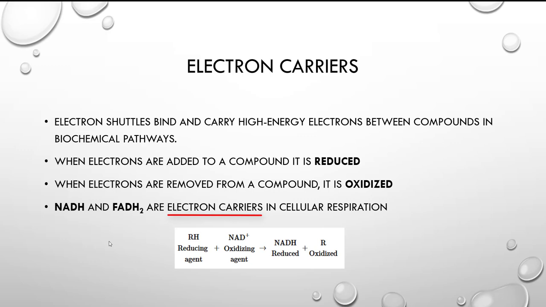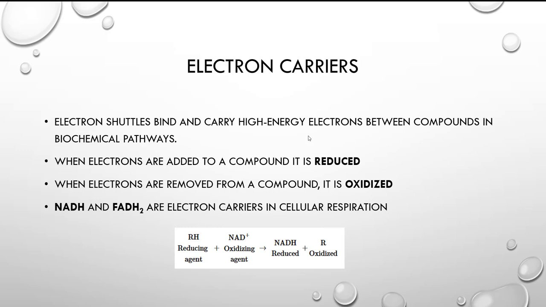So what are electron carriers? Electron carriers are exactly what they sound like. They carry electrons. Basically they shuttle electrons by binding and carrying these high energy electrons between compounds in biochemical pathways.